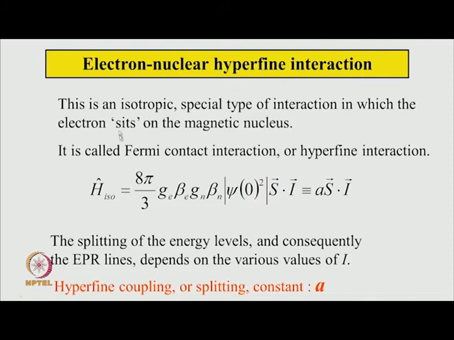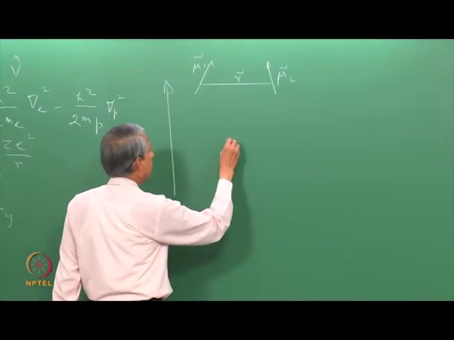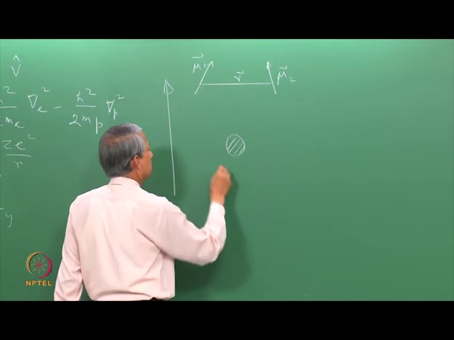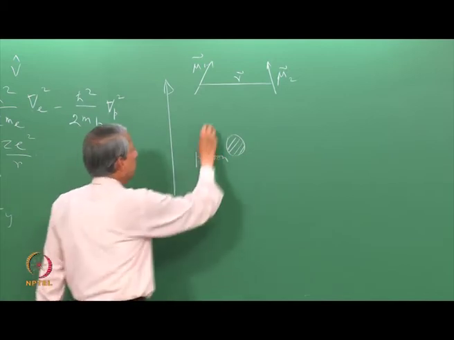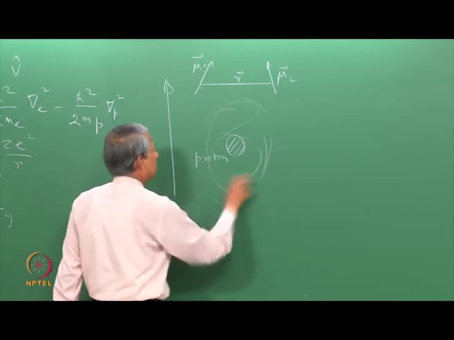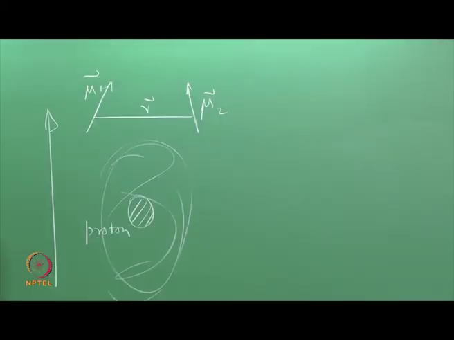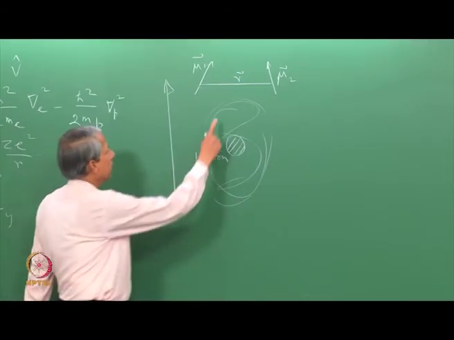It is a special type of interaction which does not depend on the direction, it is called an isotropic interaction, and also a special requirement is that the electron sort of sits on the magnetic nucleus. So, unlike the dipole dipole interaction there, here, let us say this is the nucleus, which is a proton. For the hydrogen atom, of course, the electron is moving all over, this is decided by the orbital of the electron.